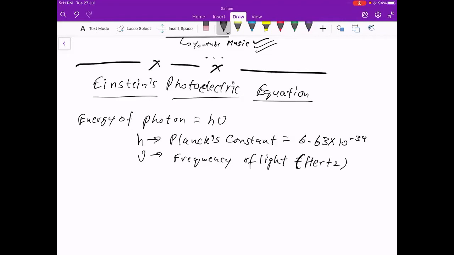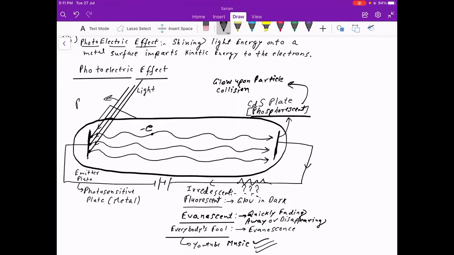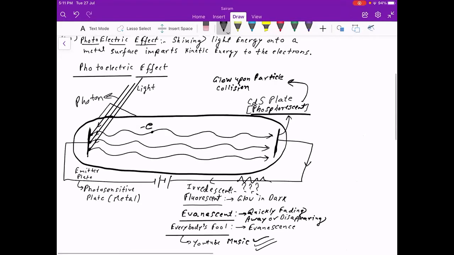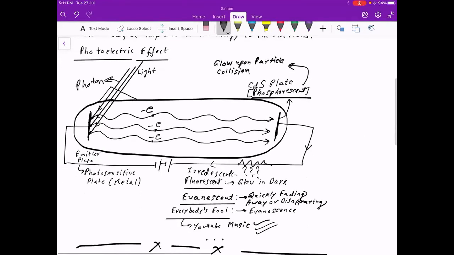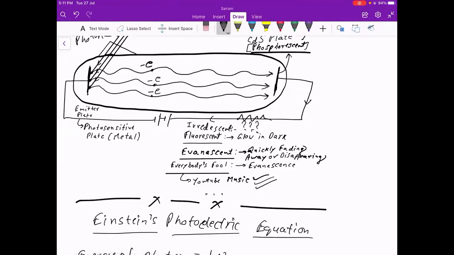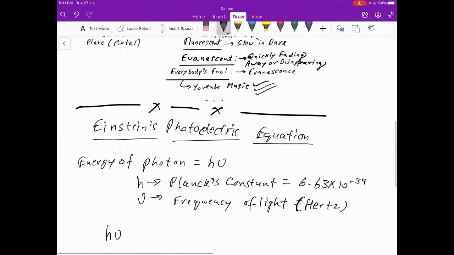And Einstein said that h nu is the total energy that is falling on the plate when a photon, this is a light, so one of the photons, you can see I have drawn 3 light rays which amounts to 3 photons. Each photon may not necessarily result, but for simplicity we can say each photon results in an electron emission, because we studied about 3 ways of electron emission.